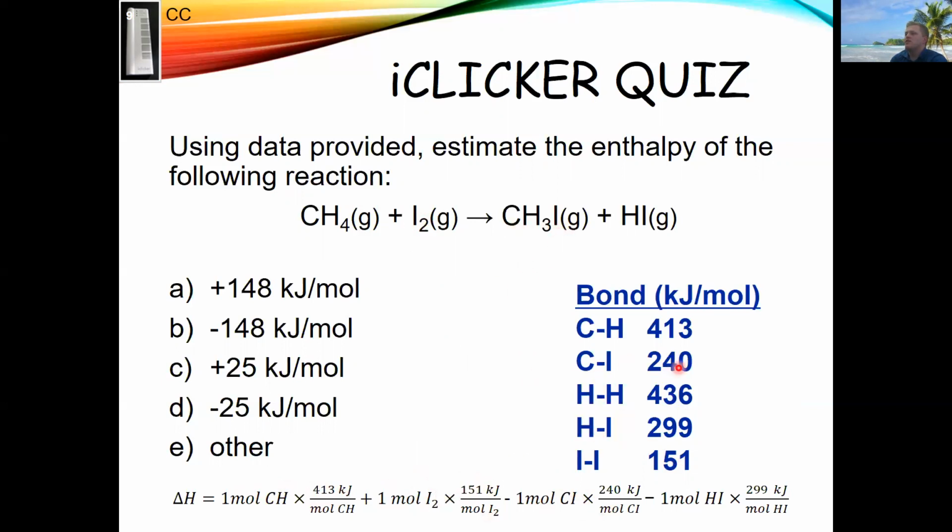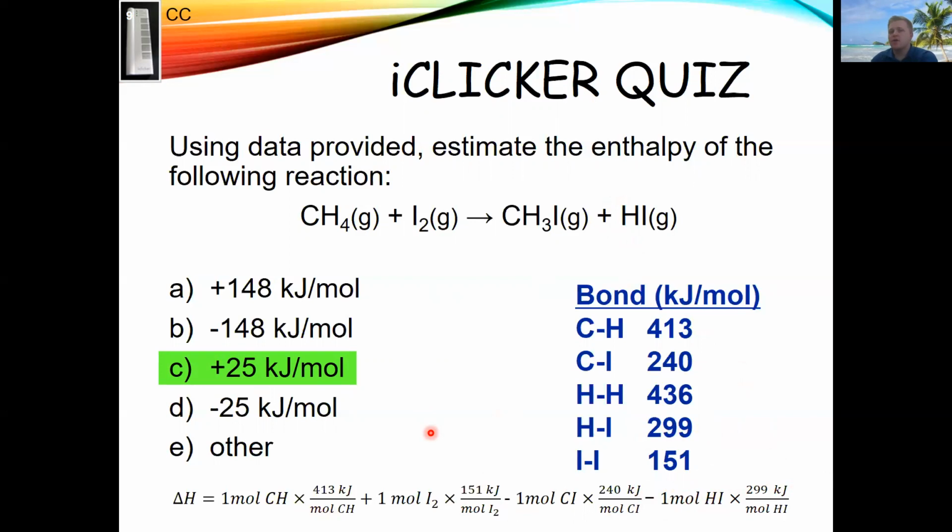We take the energy for that, it's 240. We multiply it by 1 mole. We give it a negative number because it is a product, and it's a bond being formed. And then of course we take the bond energy of hydrogen iodide, multiply that by the 1 mole in front of hydrogen iodide, give it a negative sign because it's a product. Then we just work out all that math, and we find that it's 25 kilojoules per mole.